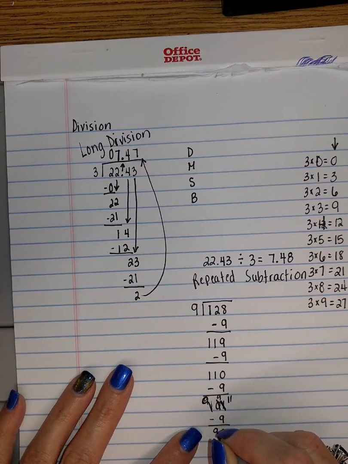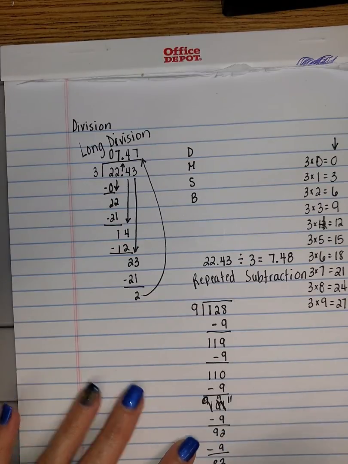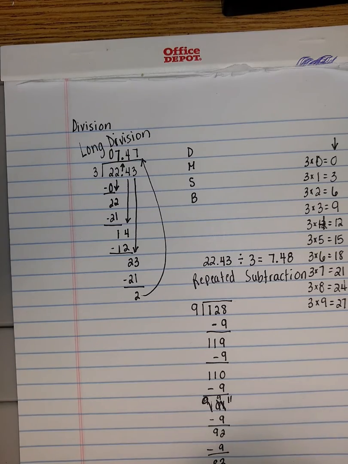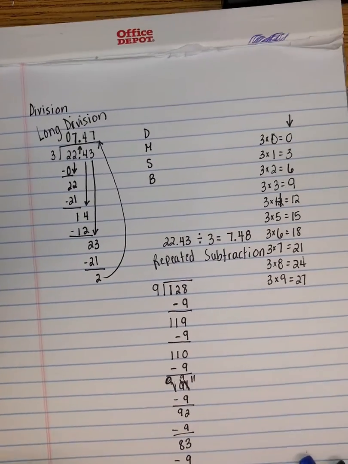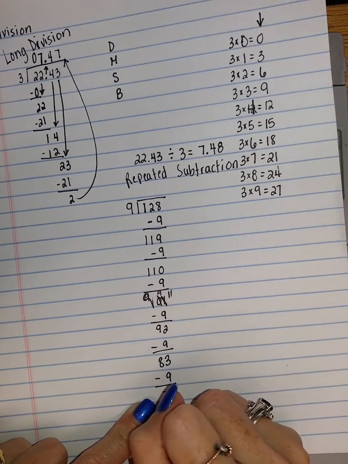Minus 9, 83. Minus 9, 74. Move this up a little bit here. Minus 9, 65.